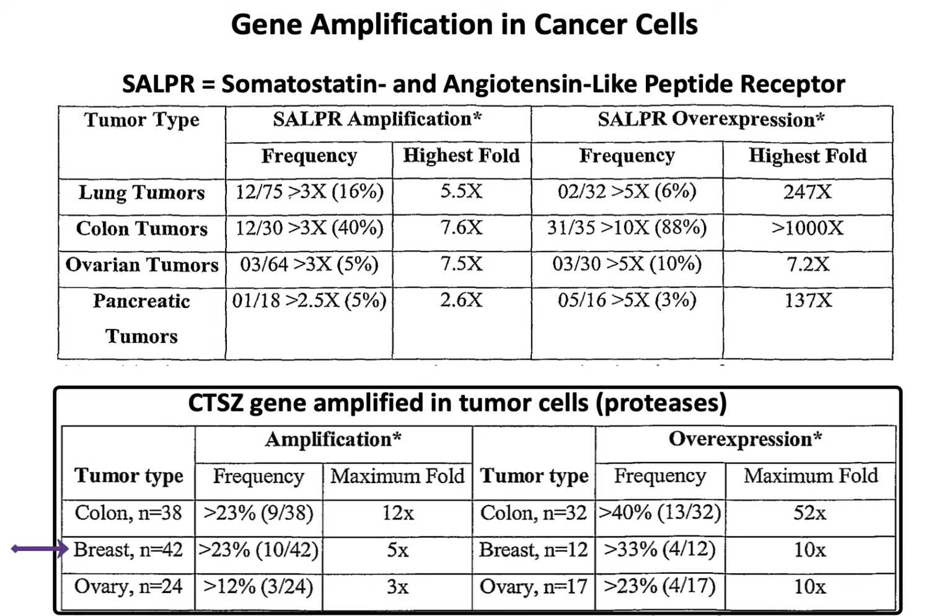In breast cancers, a 5-fold increase in amplification of the genes, up to a 10-fold degree of overexpression of the protein, and in ovarian cancer, up to a 3-fold amplification of that gene, and up to a 10-fold increase in the amount of those proteases.